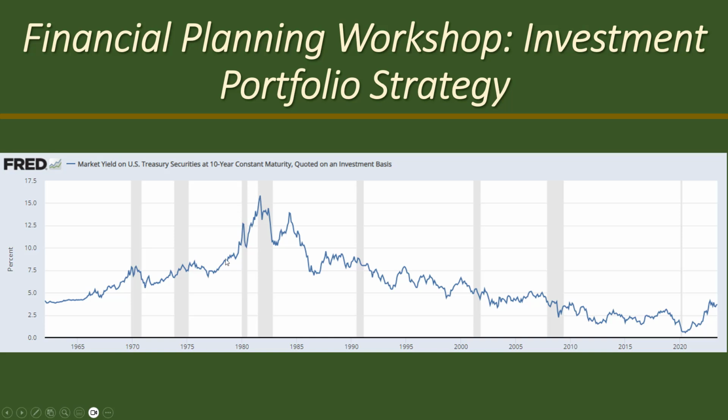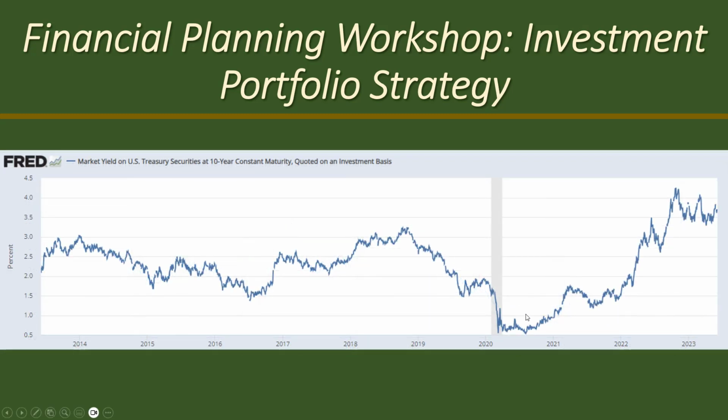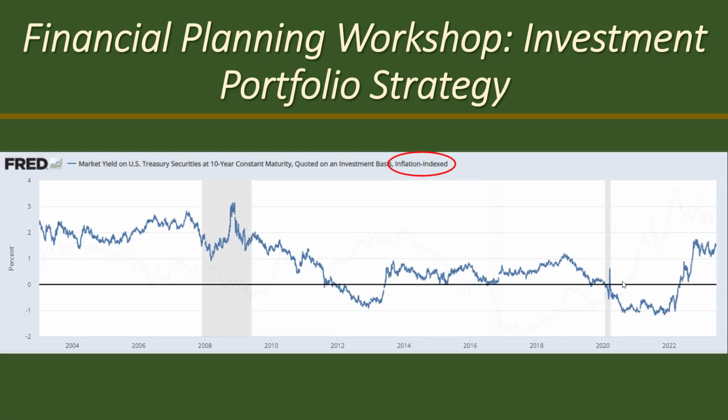So if the Fed does not fix inflation quickly, you could see interest rates rise quite dramatically. But here recently, you can see in 2023, interest rates have essentially gone sideways.